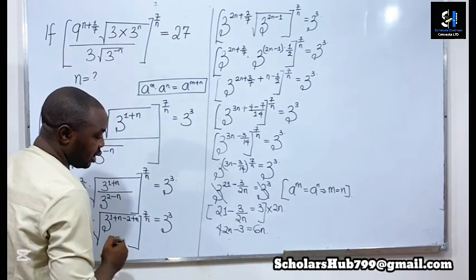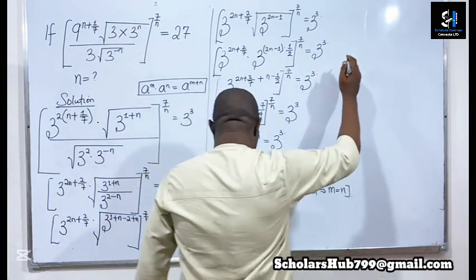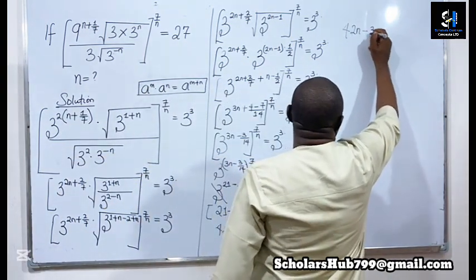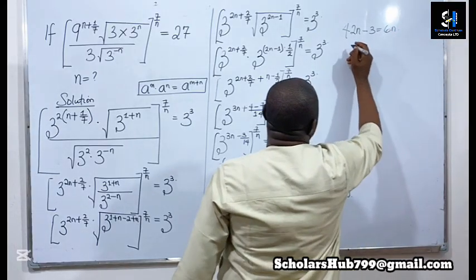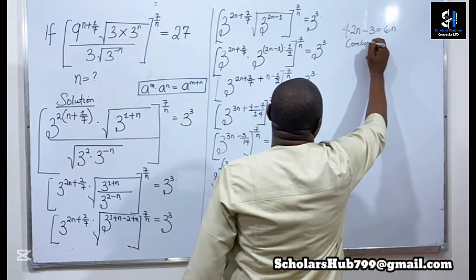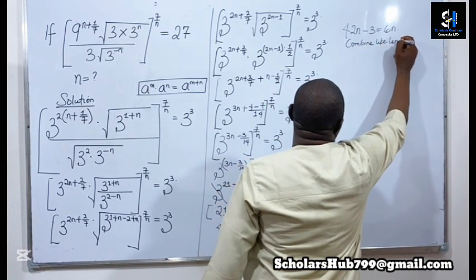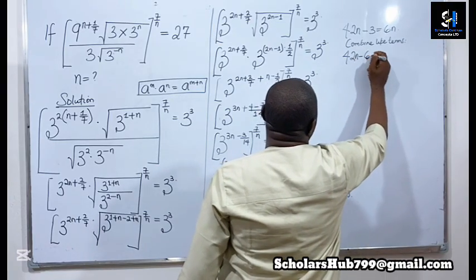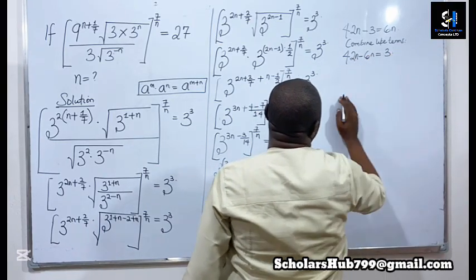Then now we can combine like terms. So here we have 42n minus 3 equals 6n. So now let's combine like terms: 42n minus 6n equals 3.